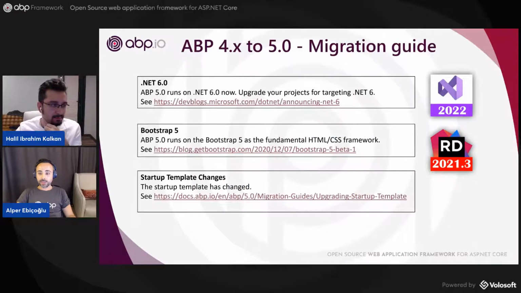If you are planning to migrate from ABP 4 to 5, there are some changes. I will briefly tell you about them. First of all, with the .NET 6 upgrade, you need to install the latest Visual Studio 2022 or Rider 2021.3. There is a Bootstrap 5 upgrade.